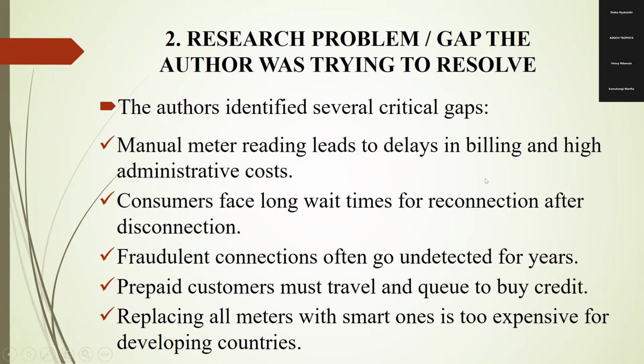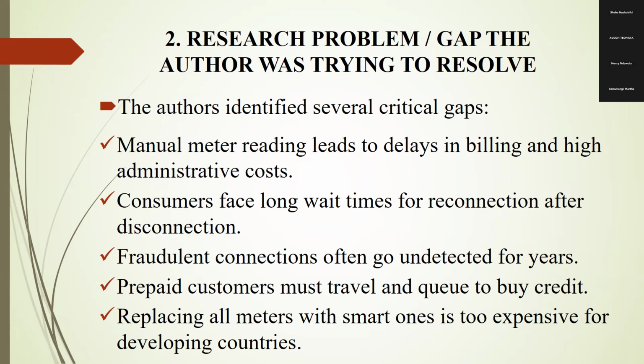So the research gaps that the author was trying to resolve were mainly challenges that come up with traditional metering systems. In their country, they were basically using electricity, but I think in Uganda, our electricity is more of the smart metering systems they're using.